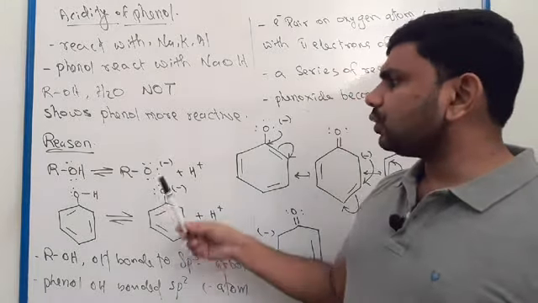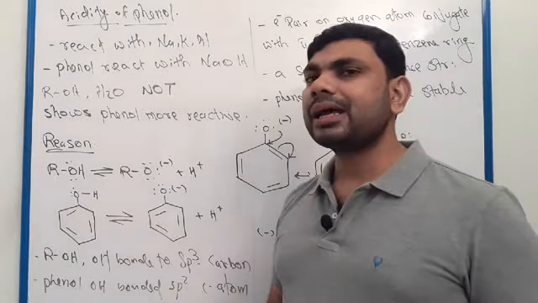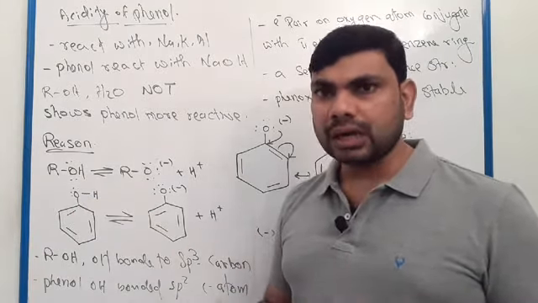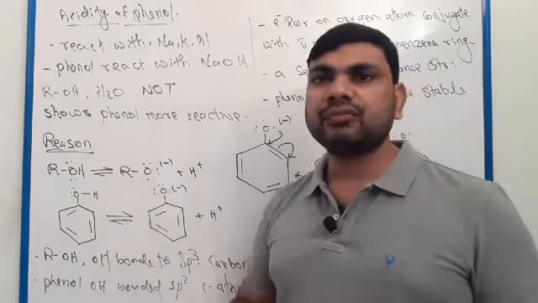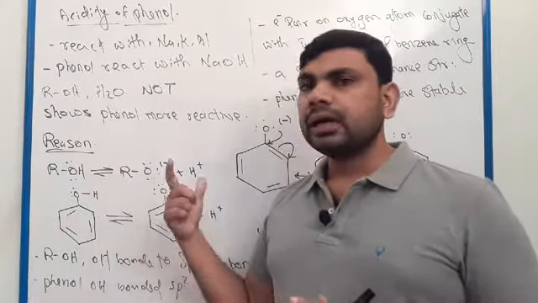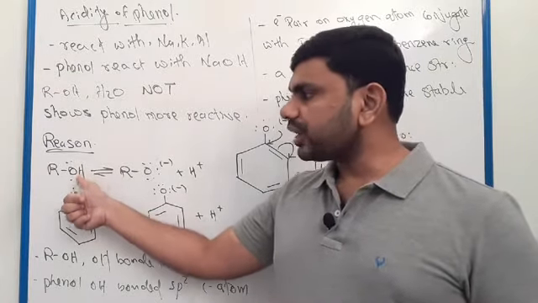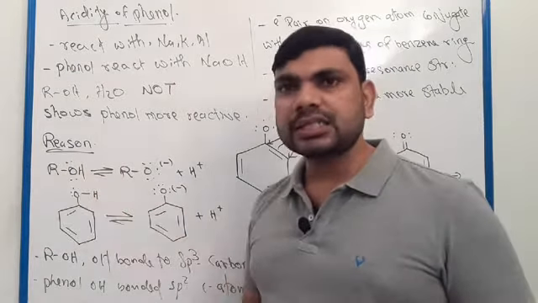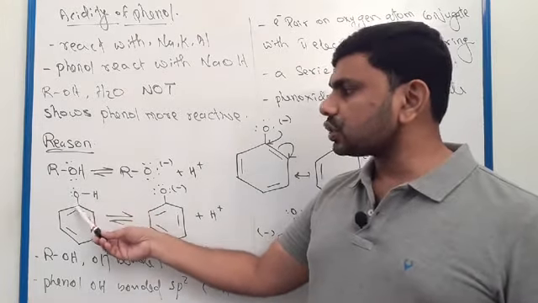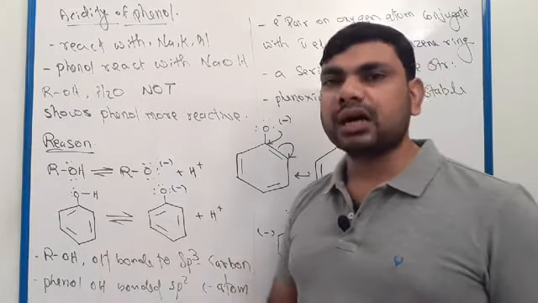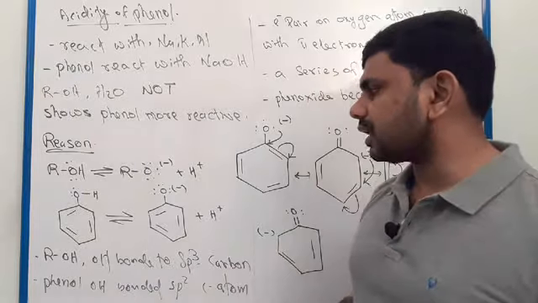So we know in alcohol, OH is bonded to an sp3 hybridized carbon atom. We already discussed this type of explanation before. But in phenol, OH is bonded to an sp2 hybridized carbon atom.